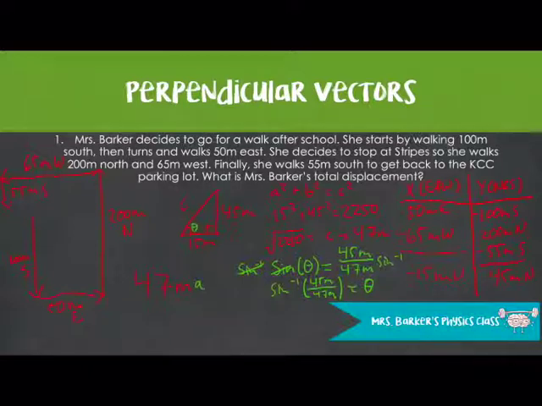And that should give me 73 degrees. So my total displacement after my walk is 47 meters at 73 degrees northwest.